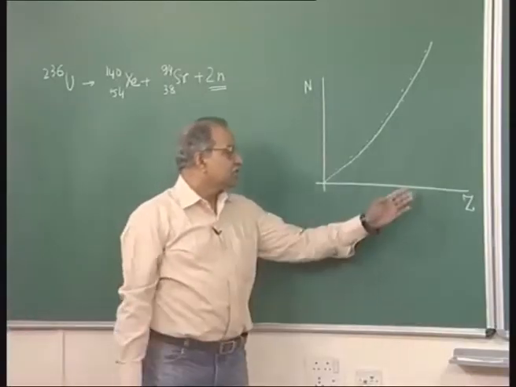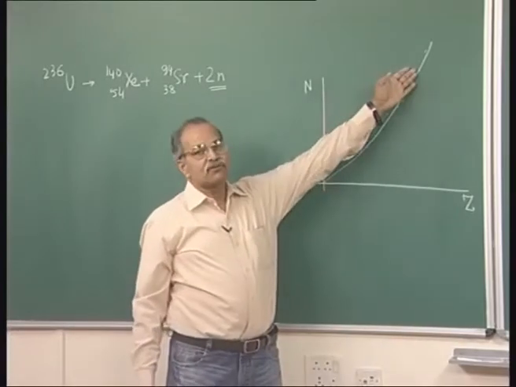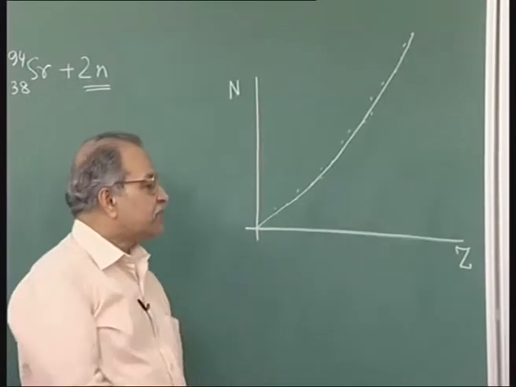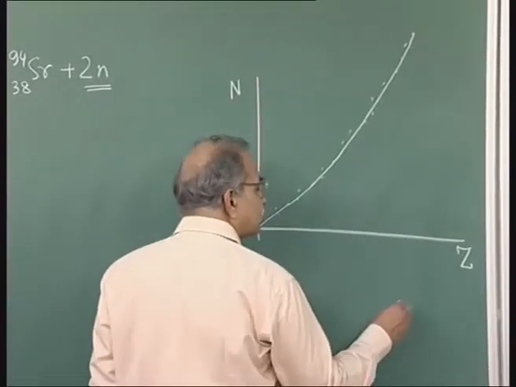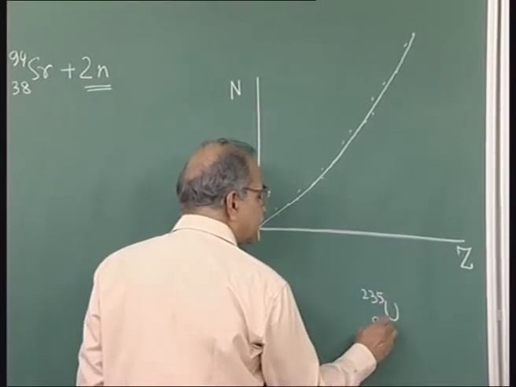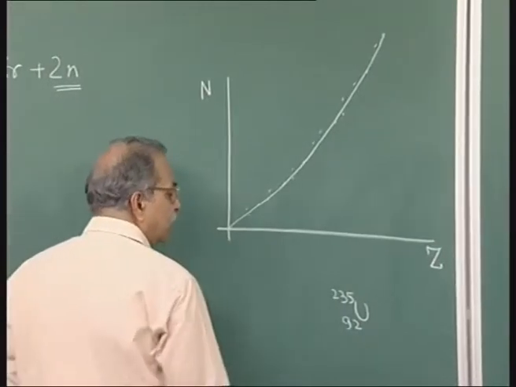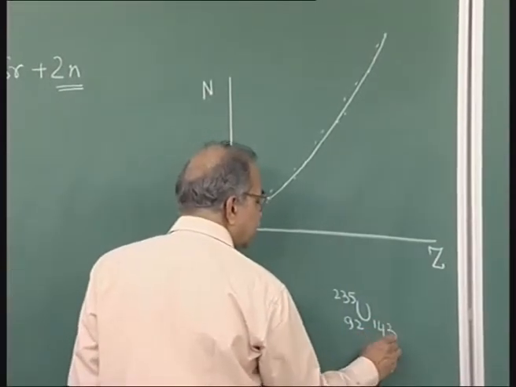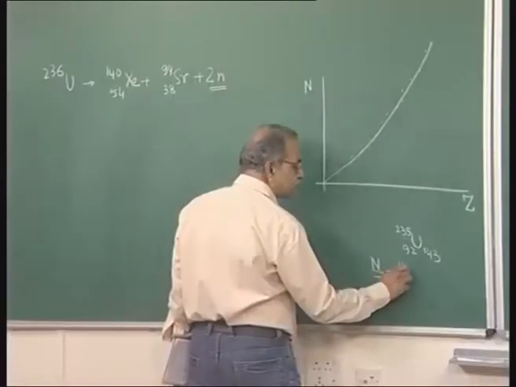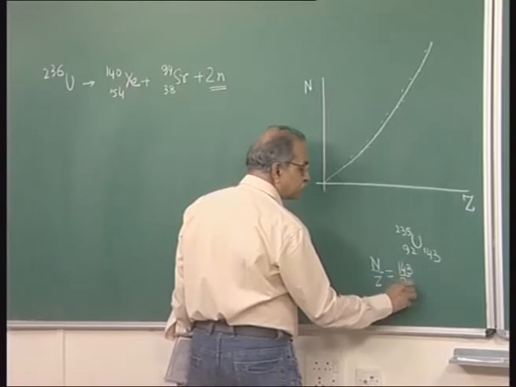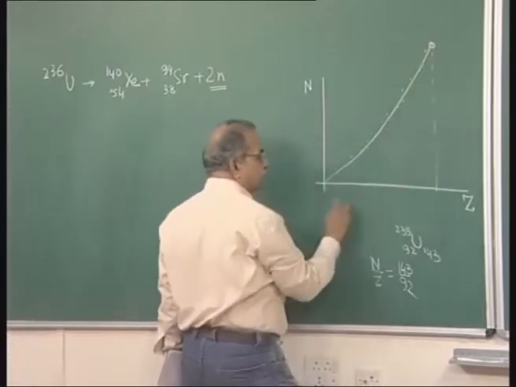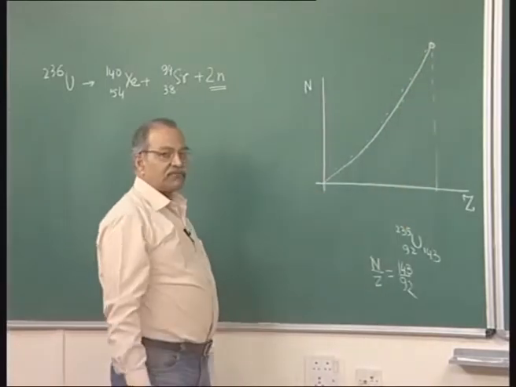For heavier nuclei, you have more neutrons than protons. For example, uranium 235 or uranium 238 has 92 protons and the neutron number will be 143. So N by Z is 143 by 92, let us say somewhere here, 92 protons and 143 neutrons.